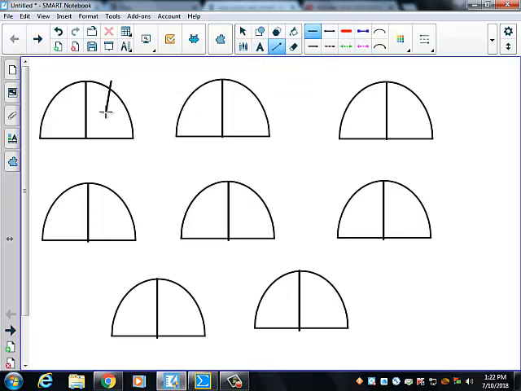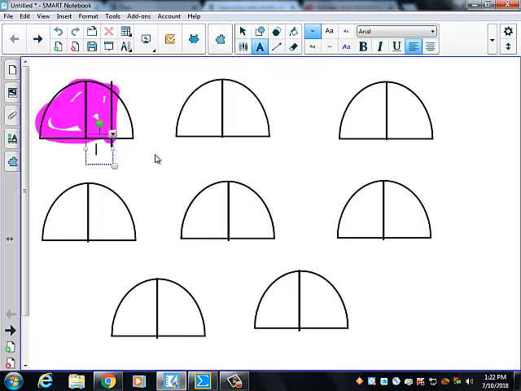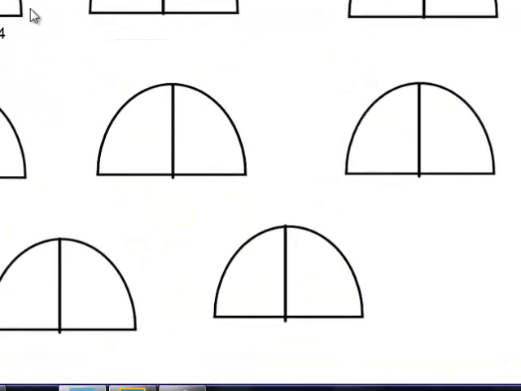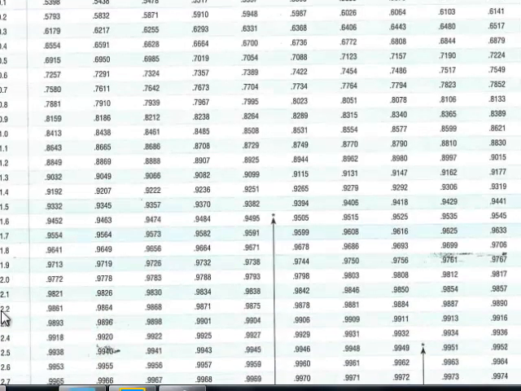So if I'm trying to find the area, let's say I'm looking for the area to the left of this thing here. So we're looking for this area here, and let's suppose for a minute that this value here is 2.44. If I'm looking for the area to the left of 2.44, I go to my z-score chart, go down to 2.4, and then across the top to 0.04.